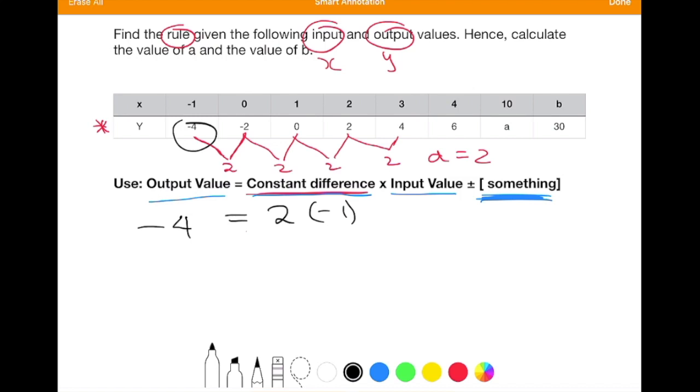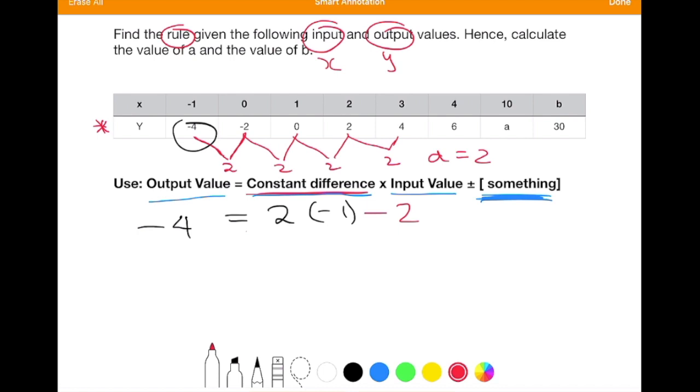And so clearly -4 is not equal to -2. So what do we do to the -2 in order to get a -4? You will notice we need to subtract a 2 again. So -4 is equal to 2 multiplied by -1, subtract 2.